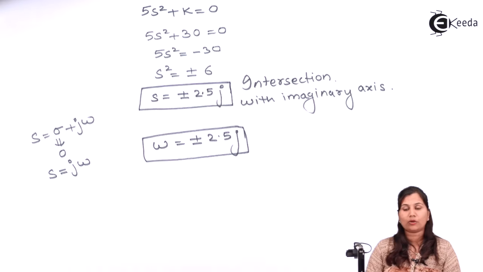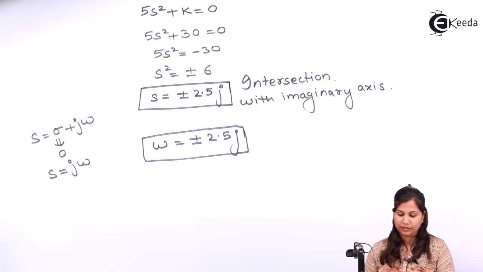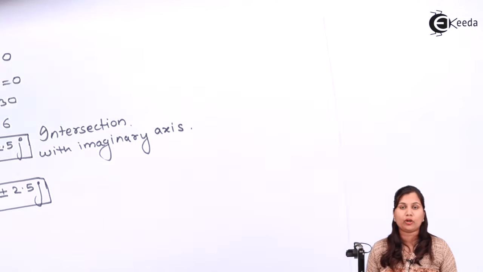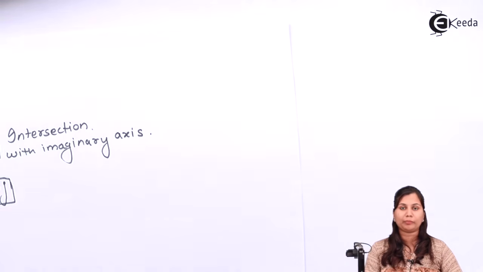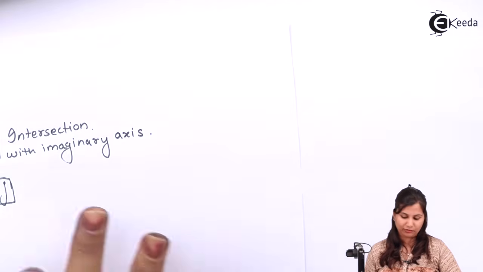So we have done all the steps for this root locus. Now let's plot this root locus diagram. We obtained the breakaway point, we have obtained the intersection, we have obtained the asymptotes, all the steps we have followed. Now just sketch this root locus.